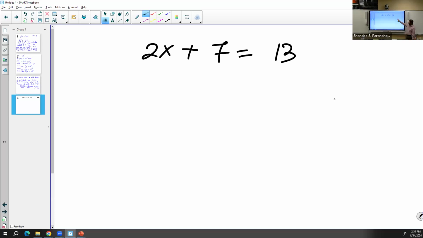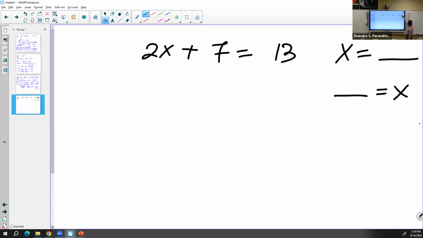When we find a solution for a linear equation, our objective is to isolate the unknown variable on one side of the equation and get an equation like x equal to a number, or a number equal to x, one of the 2 forms.